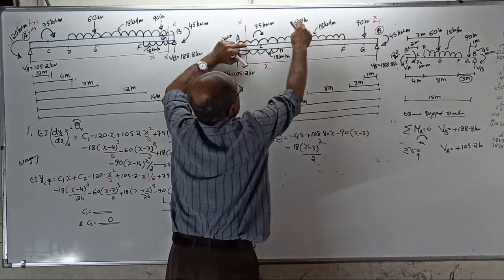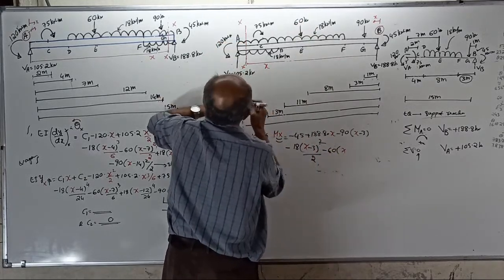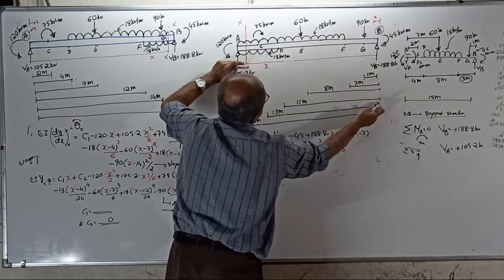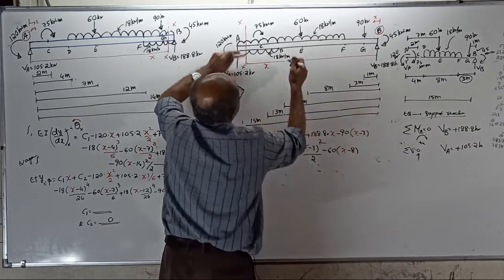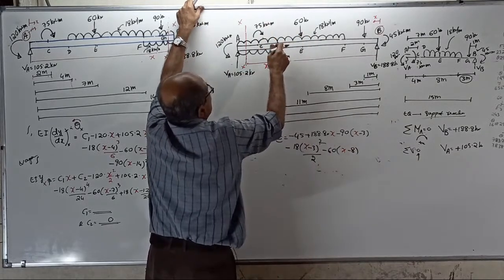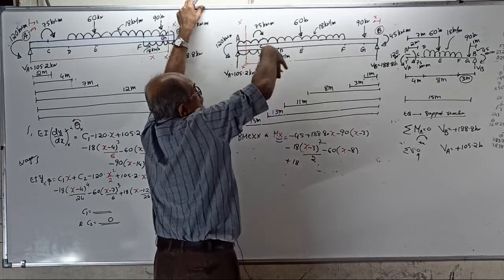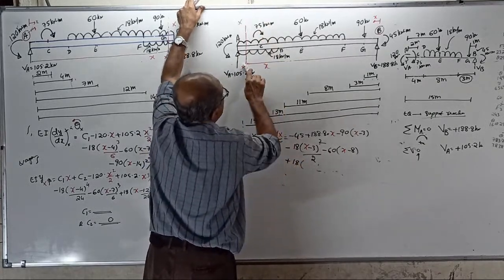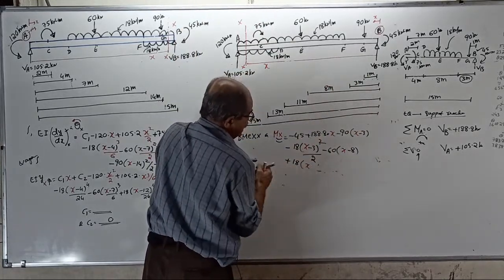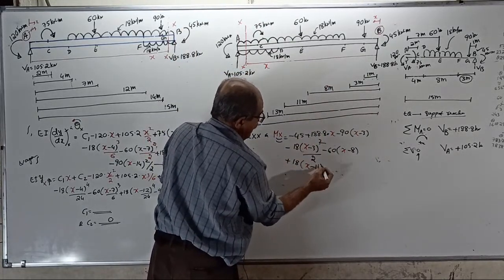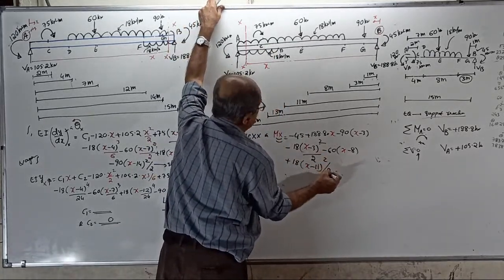After that, one point load, minus 60 into x minus 8. Then the upward UDL, plus 18 into x minus 11 into (x minus 11) by 2, or square by 2.